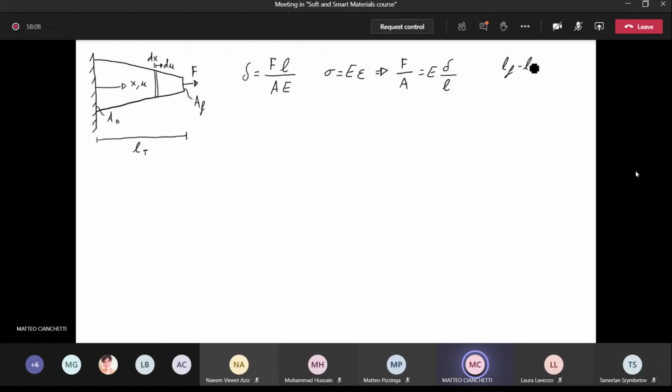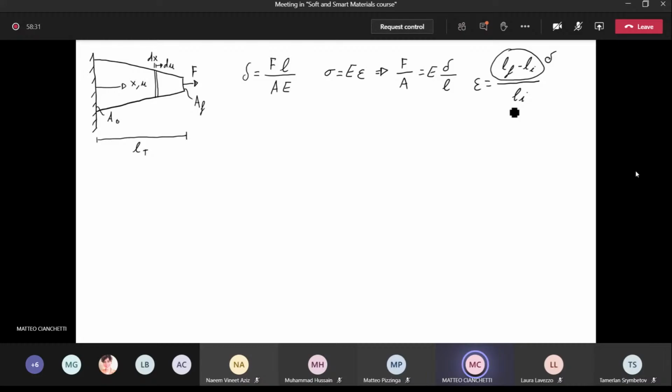Epsilon is actually this quantity, but normalized with respect to the initial length. This is delta, and this entire ratio instead is the strain epsilon. Okay, thank you very much.